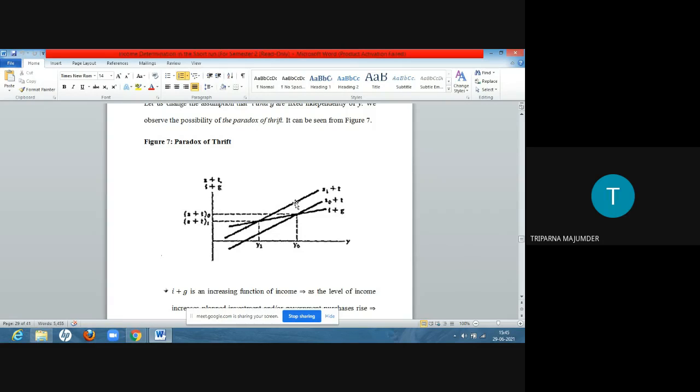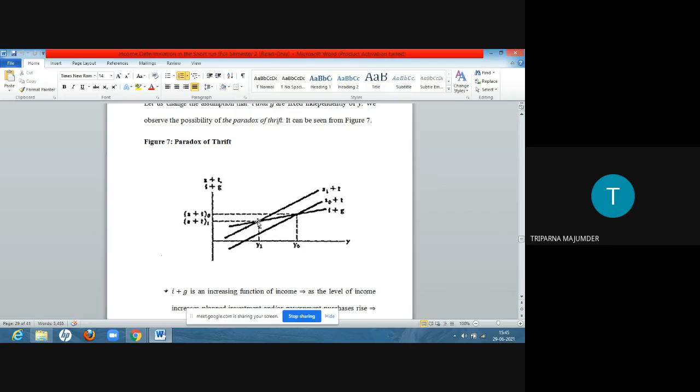At this level of income, what happens is that the sellers are unable to sell as planned before, so there is an increase in stock of inventories, as a result of which producers tend to decrease output. So they will move this side, and ultimately we will get an equilibrium where the new savings function intersects the I plus G function.